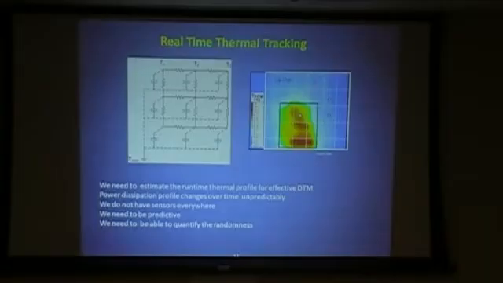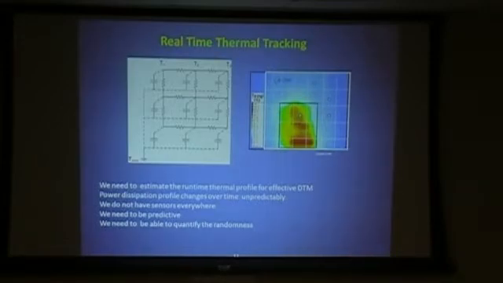These resistances correspond to the thermal cross-coupling between adjacent grids, and these capacitances represent the heat storage capacity. What I'm not showing here, but what does exist, is a current source at each of these nodes. That current source represents the power that is being dissipated at this grid. And the voltage in this grid corresponds to the temperature, and the current corresponds to the power.